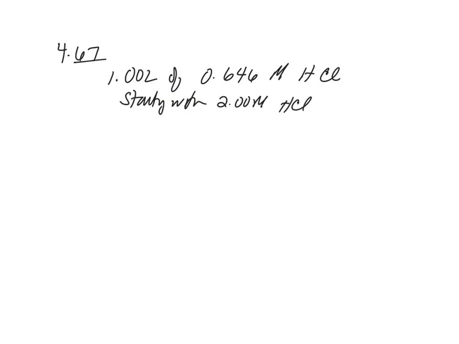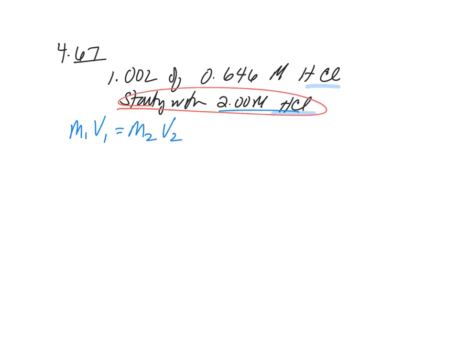So you see you have the same substance, HCl. And so when you do this, then you can know it's a dilution, M1V1 equals M2V2, and you define what you have. So if you start with M1, that's a 2.00 molar solution of HCl.